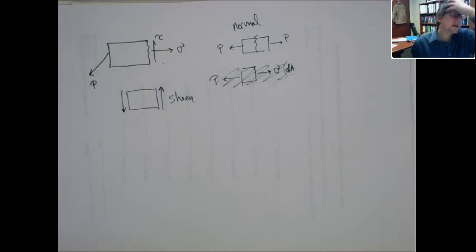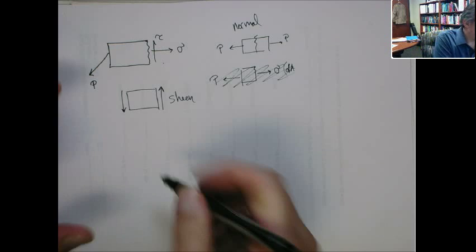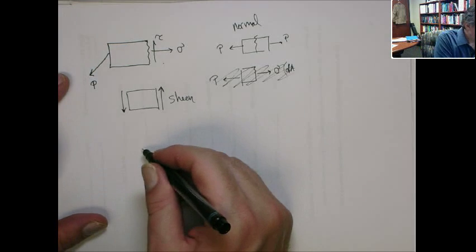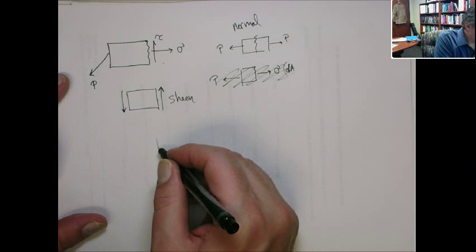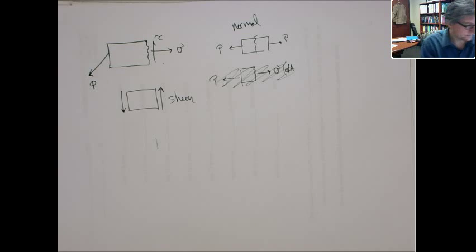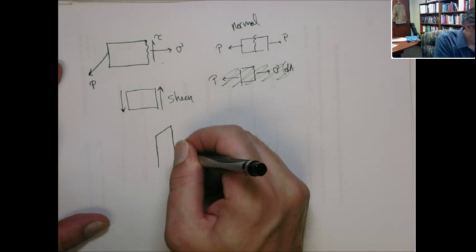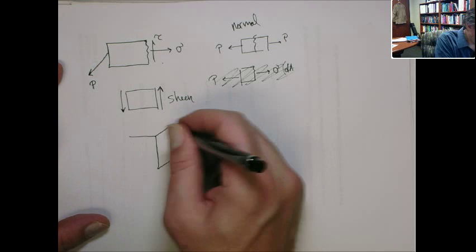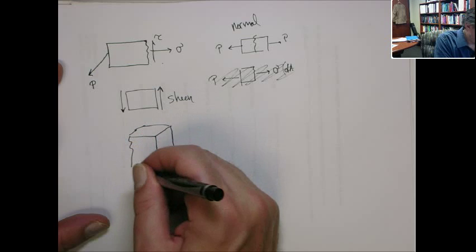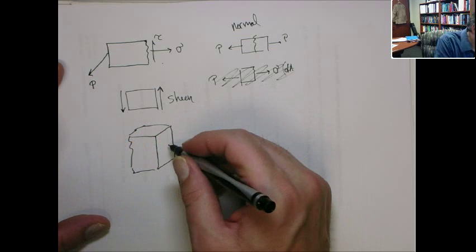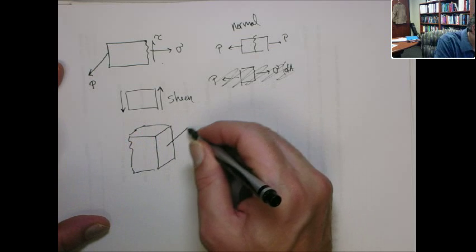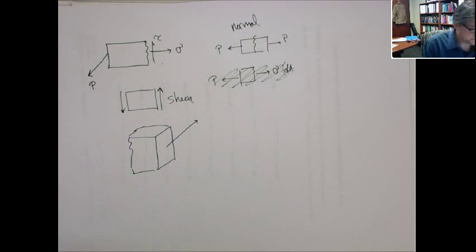When we talk about 3D, you actually have two shear components on a three-dimensional cut face. You might have a vector here with a three-dimensional component.